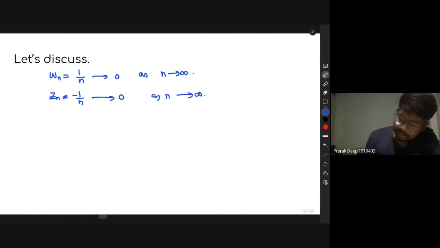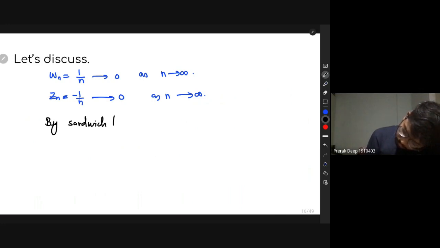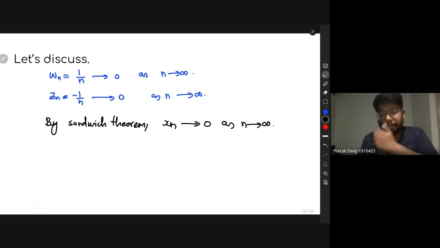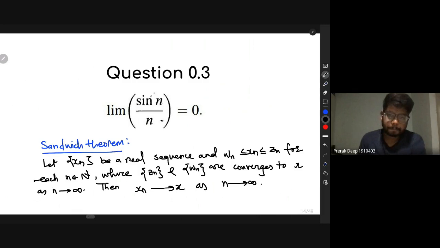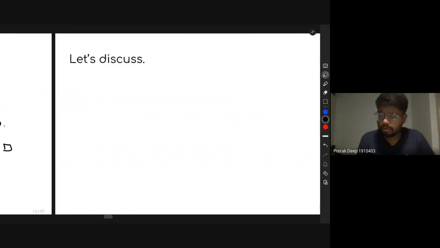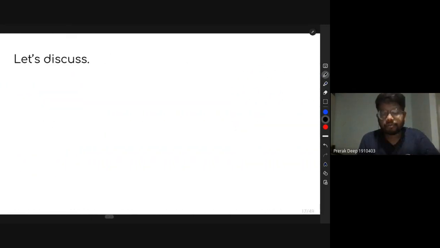So by the sandwich theorem, xn also converges to 0 as n tends to infinity. So this proves the limit of sin n over n is 0. Now let's move on to understanding the proof of the theorem.